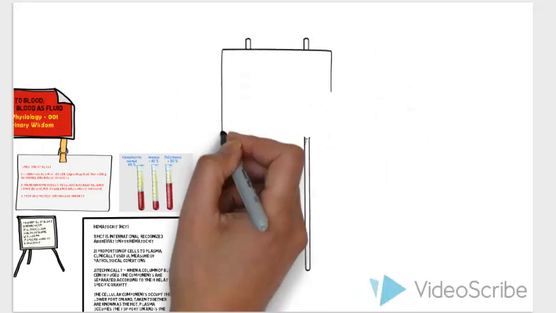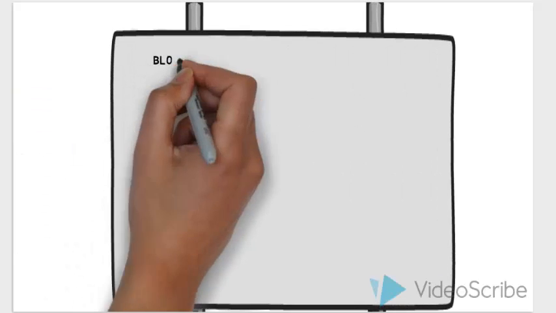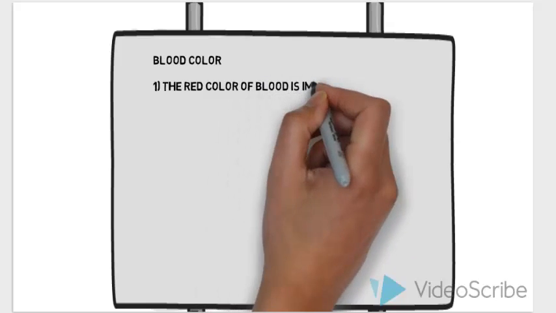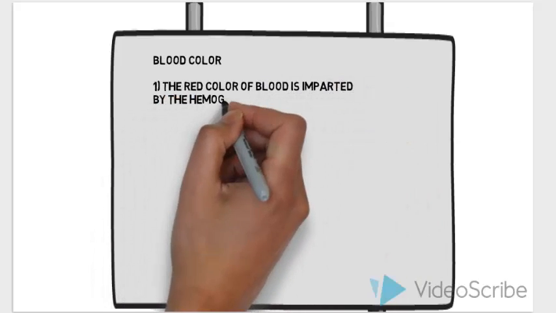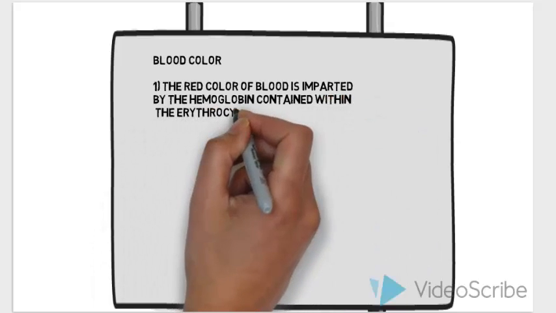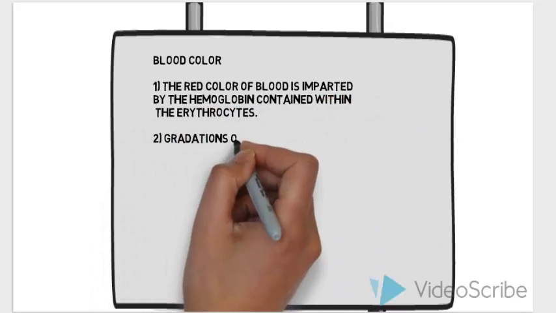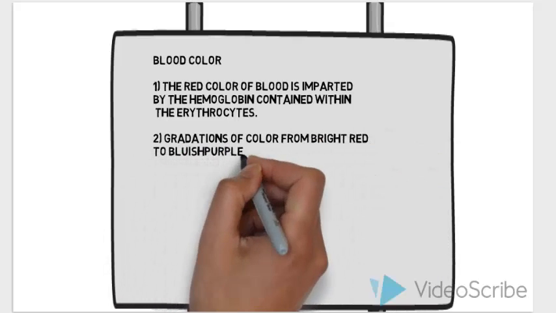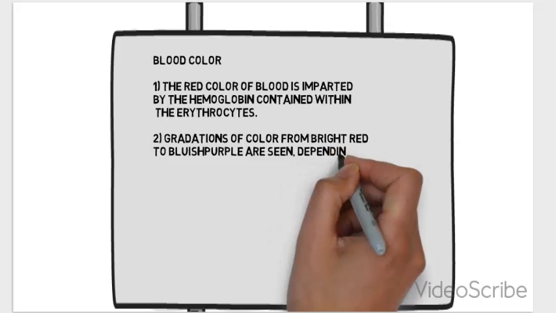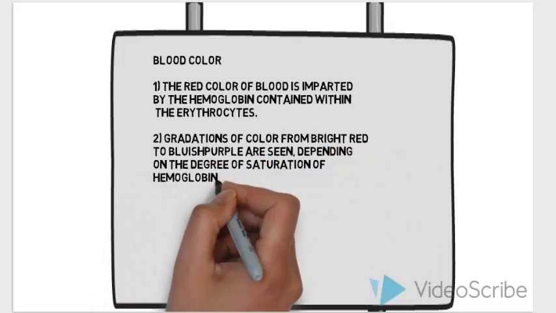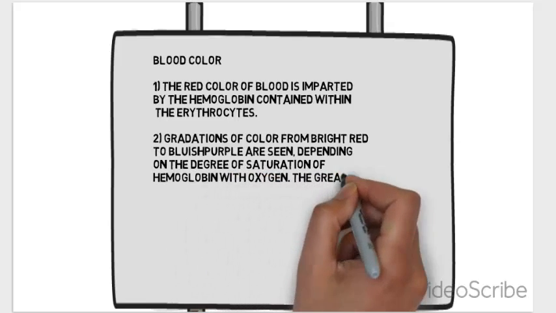Now come to the other property of the blood, that is blood color. We all know that red color of blood is due to the presence of hemoglobin within the erythrocytes. Gradations of color from bright red to bluish purple are seen depending on the degree of saturation of hemoglobin with oxygen.